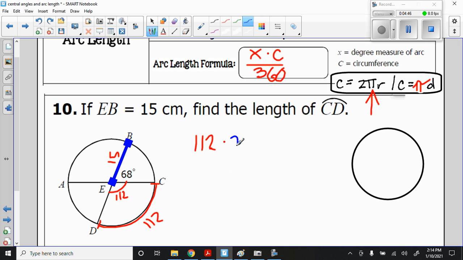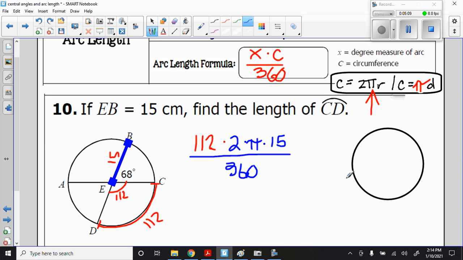So this is going to be 2, I'm just going to use the symbol for pi right now, and then r, we said our radius was 15. And we're done inputting what we need. The rest is just pushing buttons.